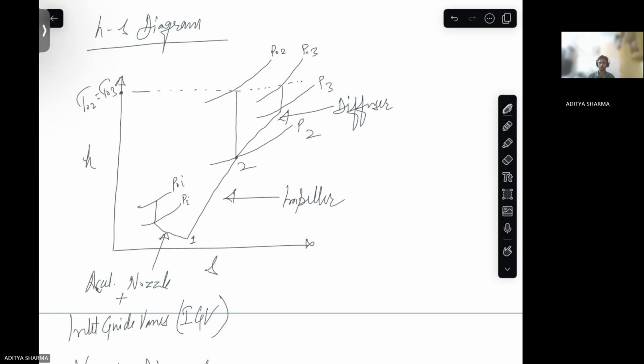Basically you are decelerating your flow and increasing the pressure, but this will have no effect on your temperature.